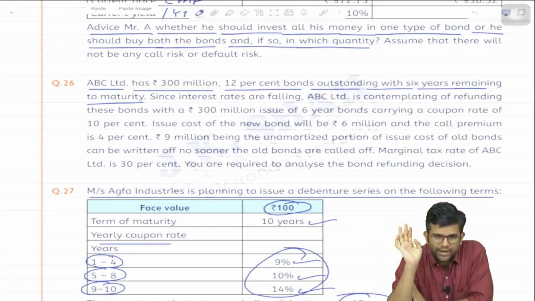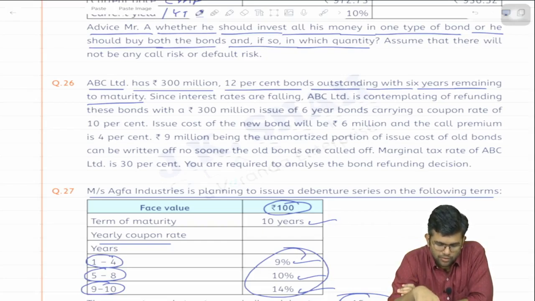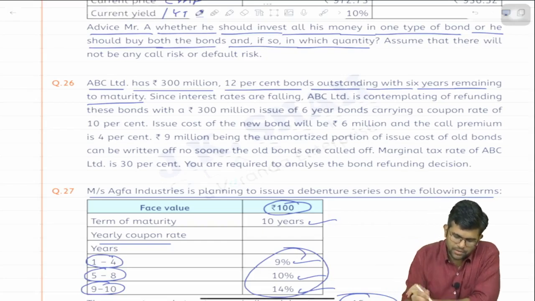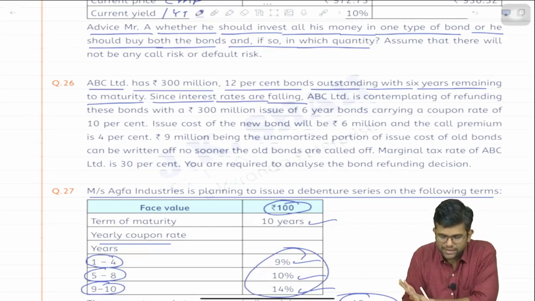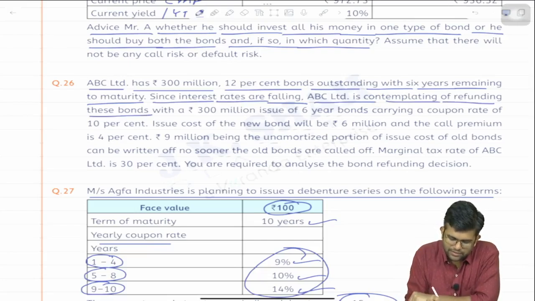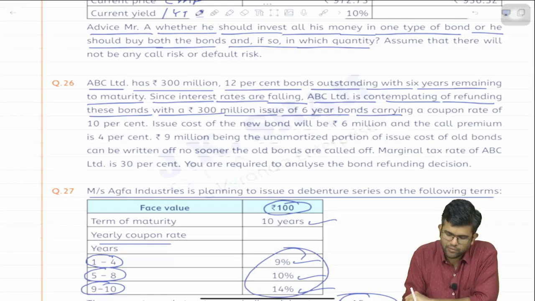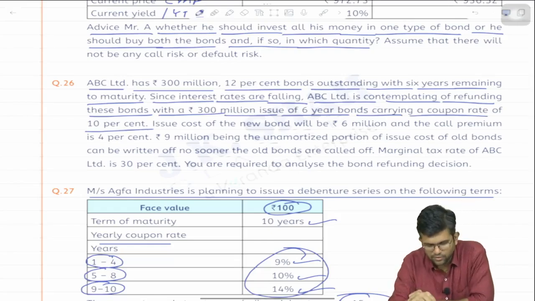As of today, 6 more years are left for the bond to mature. Everybody clear? Now, since interest rates are falling, ABC is contemplating refunding these bonds with a 300 million issue of 6-year bonds carrying a coupon rate of 10%. This is where the story lies.